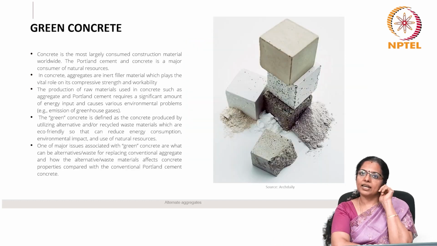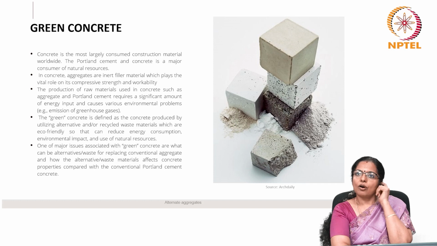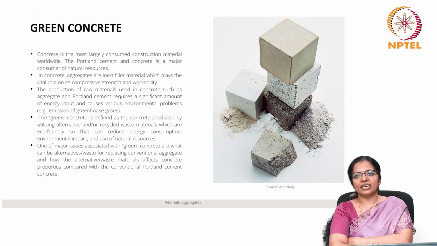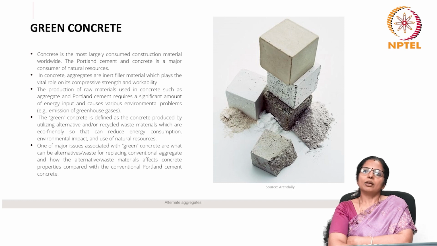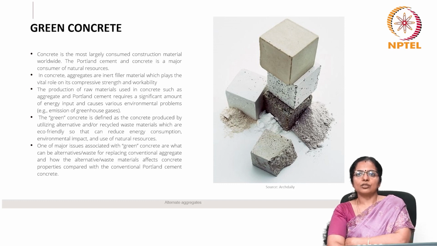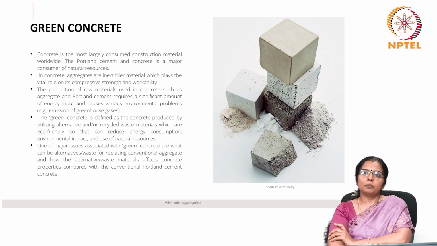Let us look at green concrete. Concrete is the most largely consumed construction material worldwide. Portland cement and concrete are major consumers of natural resources. In concrete, aggregates are inert filler material which plays a vital role in its compressive strength and workability.